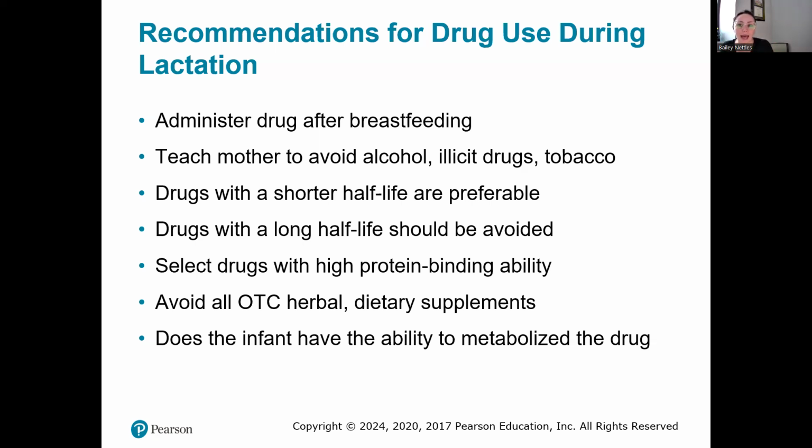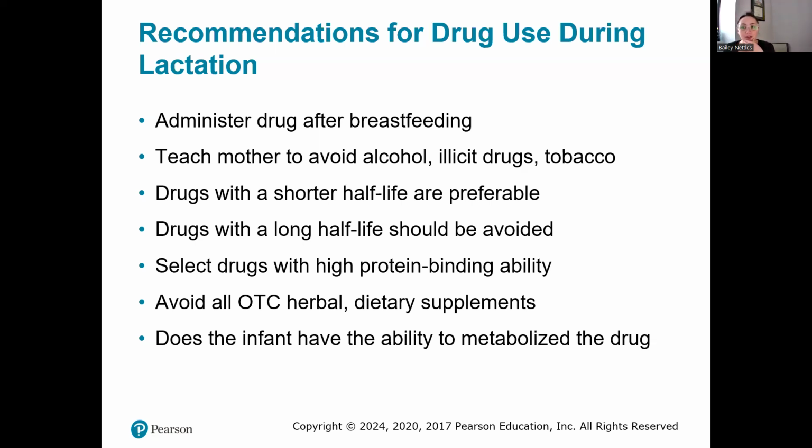That is why a short half-life is preferred, so that it is already metabolized by the time you need to breastfeed again. The longer half-life should be avoided. Avoid alcohol, drugs, tobacco. You know this. Once again, select high protein bound drugs. Avoid over-the-counter medications, dietary supplements, and herbal supplements.